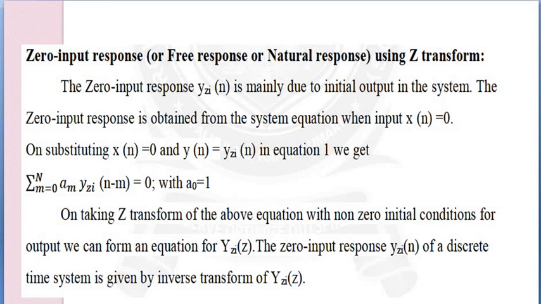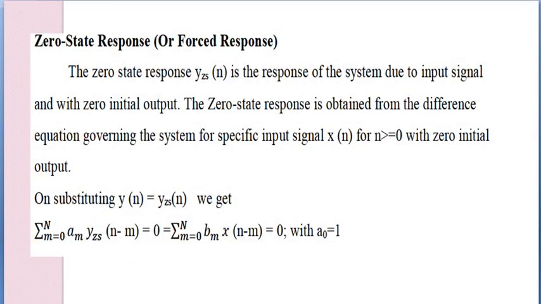On taking the Z transform of the above equation with non-zero initial conditions for output, we get Y_zi(z). The zero input response y_zi(n) of a discrete time system is given by the inverse transform of Y_zi(z).